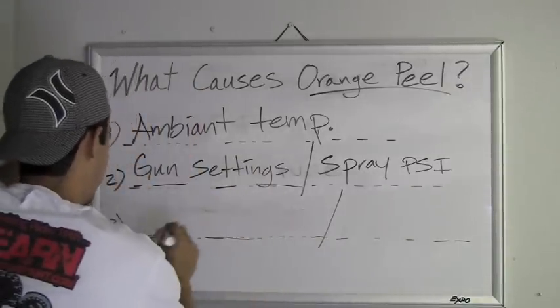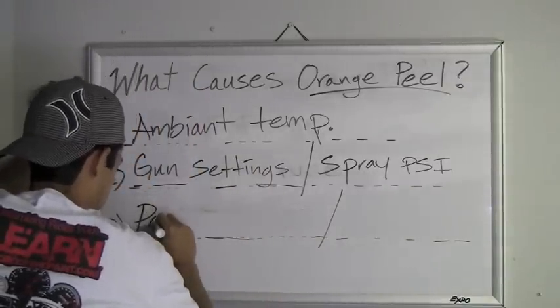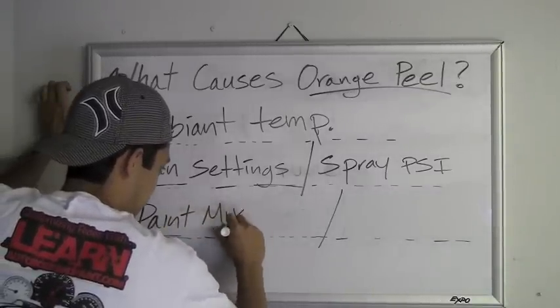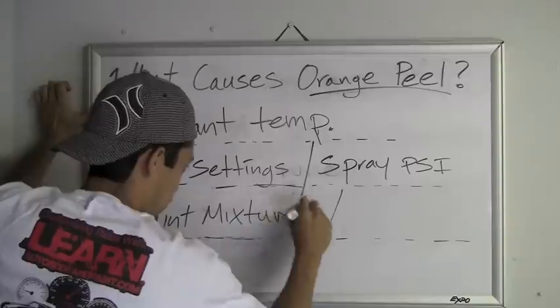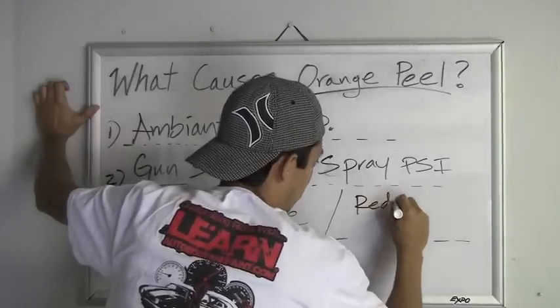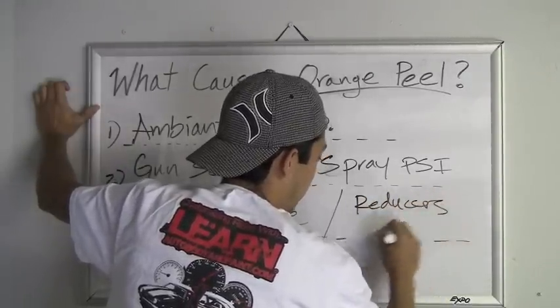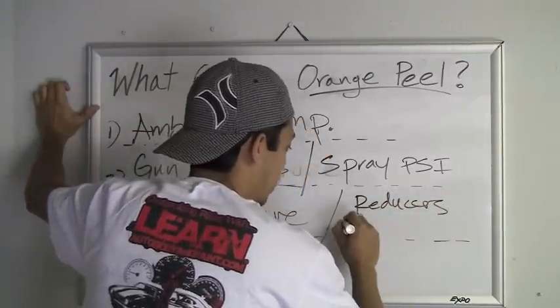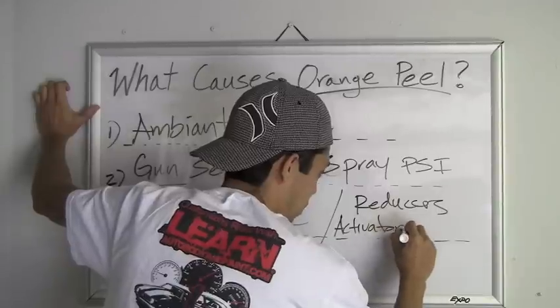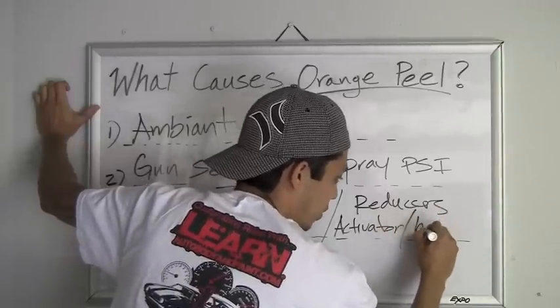Alright, and your last one is paint mixture and the types of reducers and activator hardener, which is known as hardener.